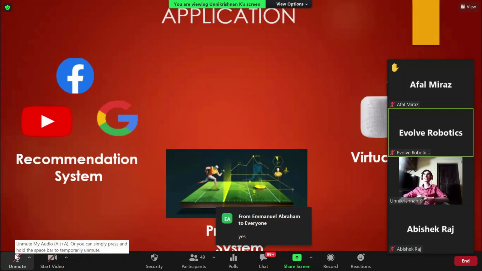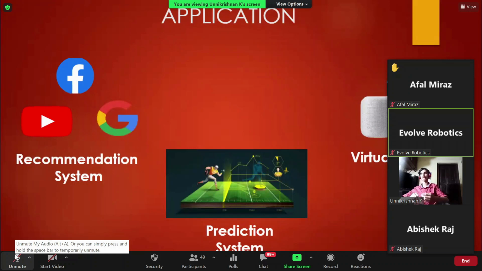So this is also done by using the prediction system in our data science. So what they do is, first of all, they collect data from the previous matches and look at this data, study the data, analyze the data, and make relevant conclusions.